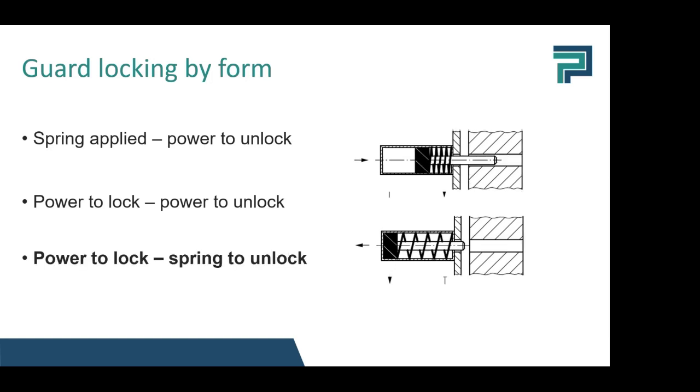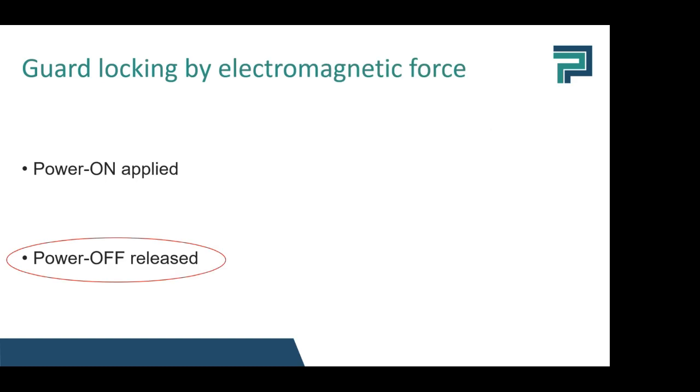Then the third type is power to lock, spring to unlock. So to close the guard, we have to provide power. So if the power is cut, the guard is opened. This is the power to lock, spring to unlock mechanism. But it's also possible to use electromagnetic force.